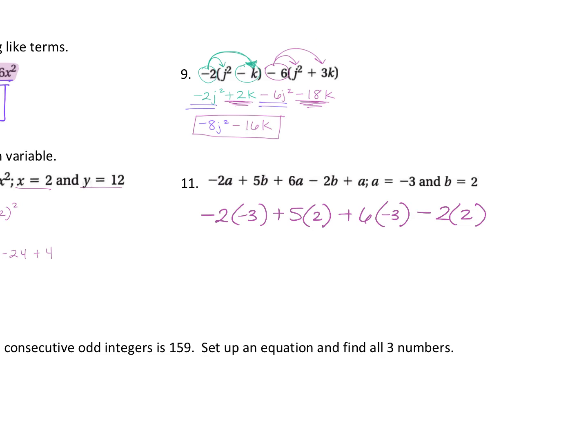Multiply, right? PEMDAS says multiply and divide and then add and subtract. So we're going to multiply, multiply, multiply, multiply. So this is a positive 6. This is a positive 10. This is a negative 18, so minus 18. And then this is a negative 4.